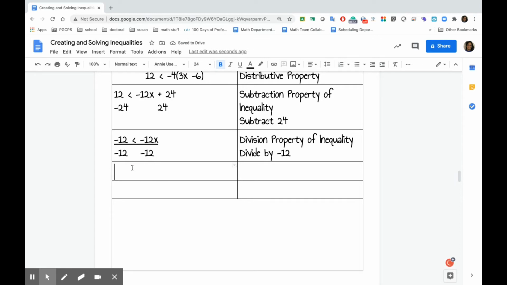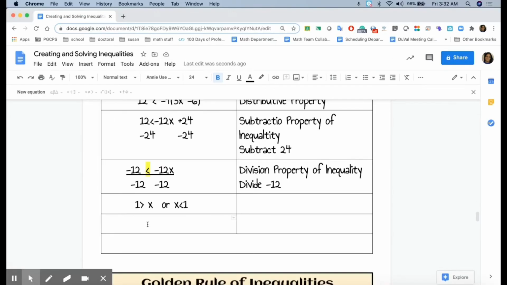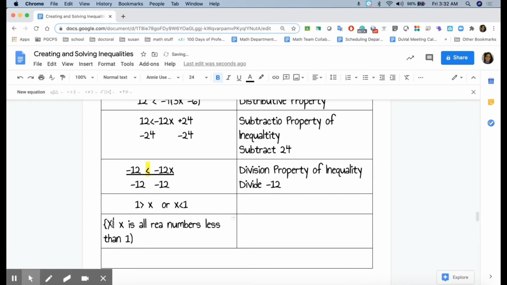Now the final answer will be 1 is greater than x, or it is the same as x is less than 1. In set notation, the solution will be x such that x is all real numbers less than 1.